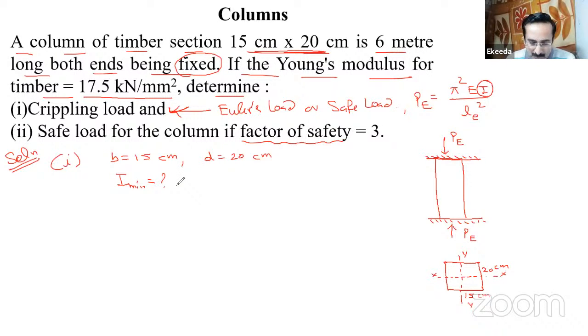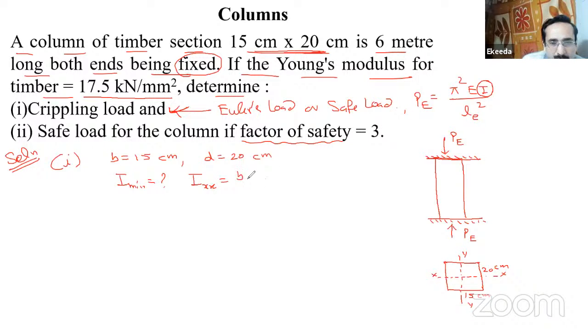So what is the value of I minimum? We have two axes, about xx and about yy. About xx, the formula for a rectangular section is b d cube by 12.